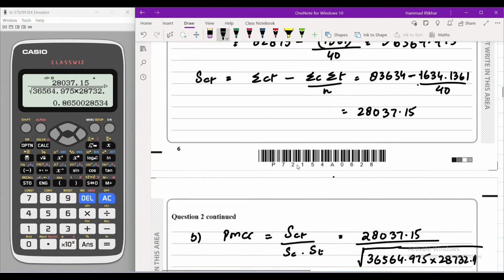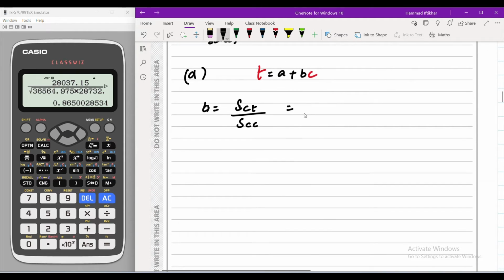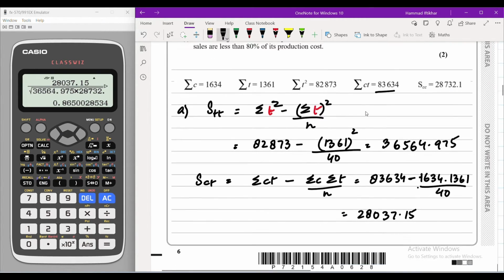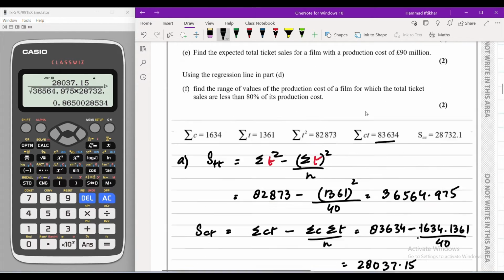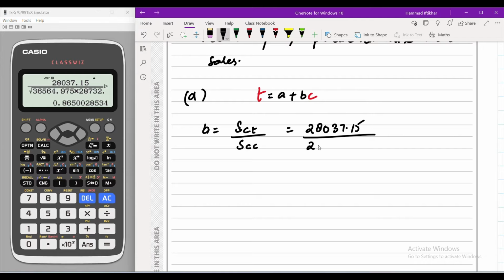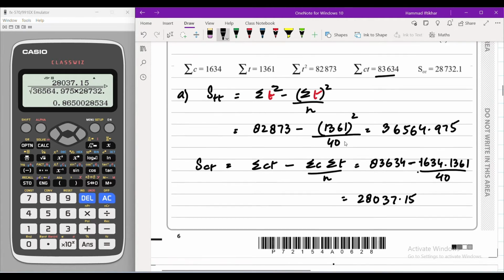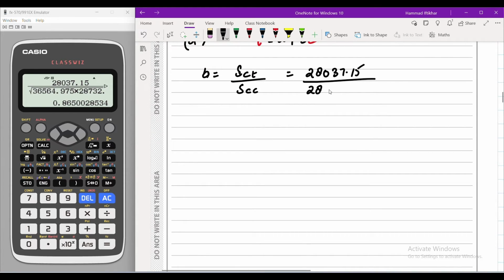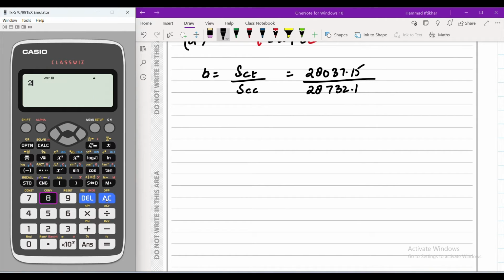SCT we calculated to be 28037.15, divided by SCC, which they gave us, 28732.1.